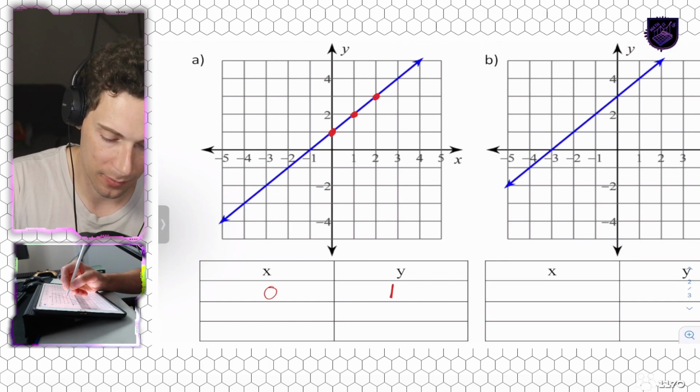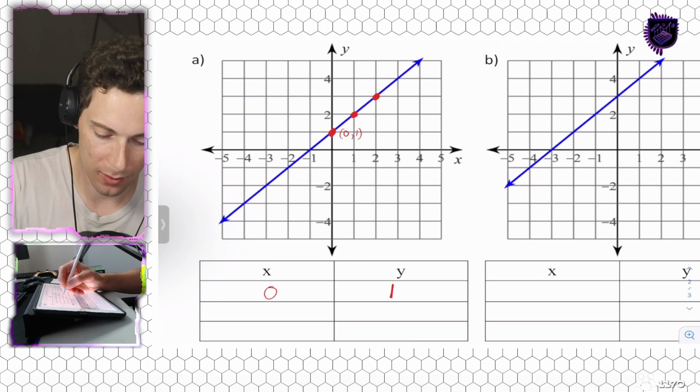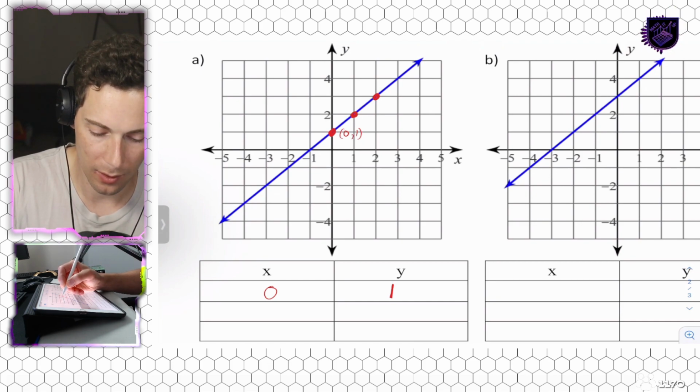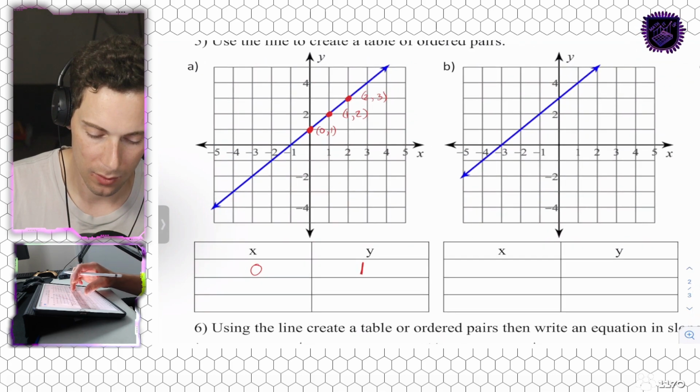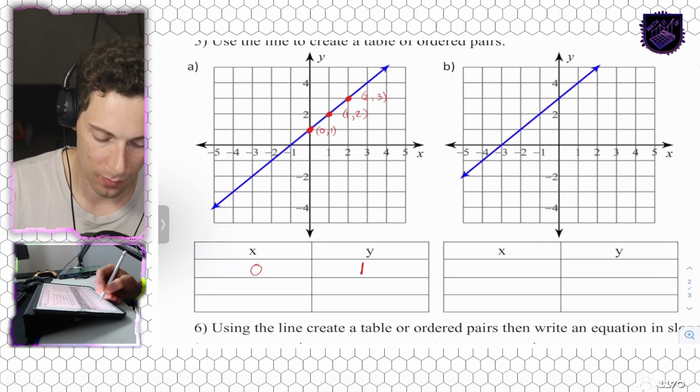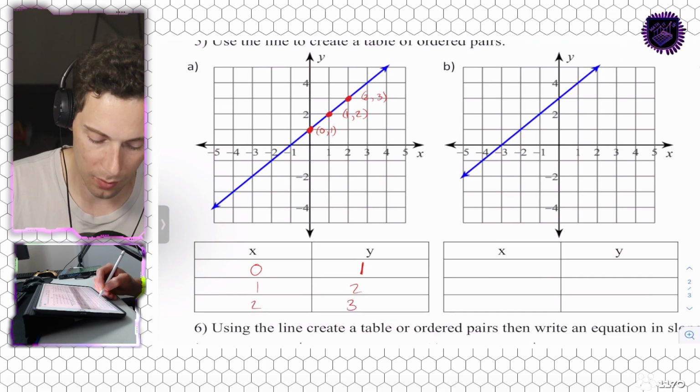So this is 0, 1. This is x is 1, y is 2. And then this is x is 2, y is 3. So 1, 2, and then 2, 3.